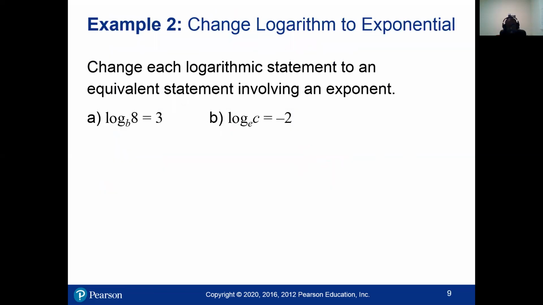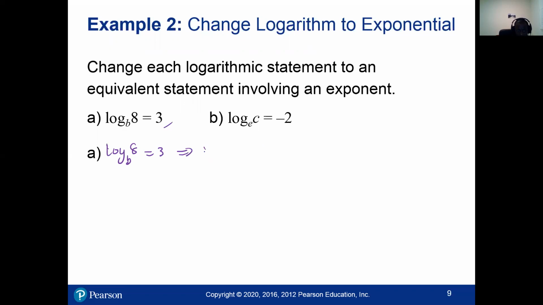So now let's go the other way. You are given the log function, and you want to write it as an exponential function. So we have log 8 base b is equal to 3. In other words, what must I raise b to get 8?